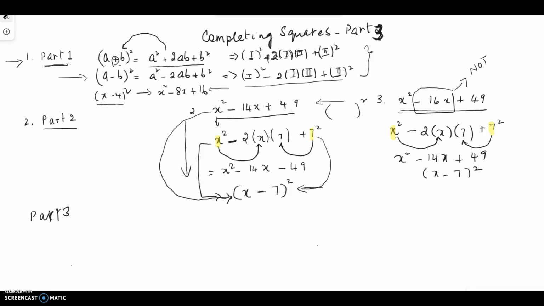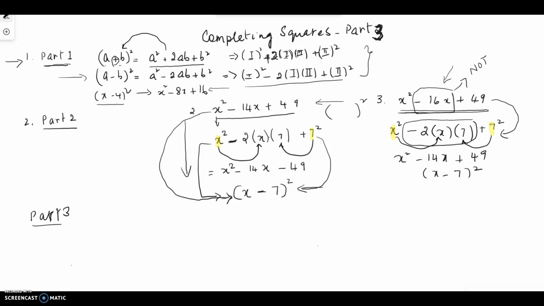And in this example, x squared minus 16x plus 49, we figured out that it almost looks like a perfect square, but it's not, because the middle term is not negative 16x, and therefore it was not a perfect square.